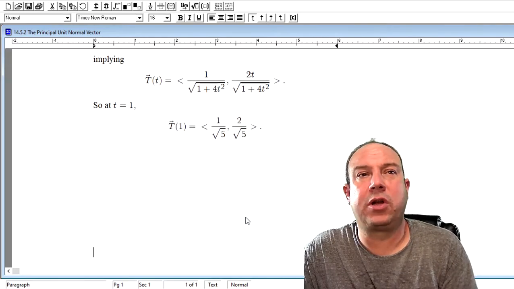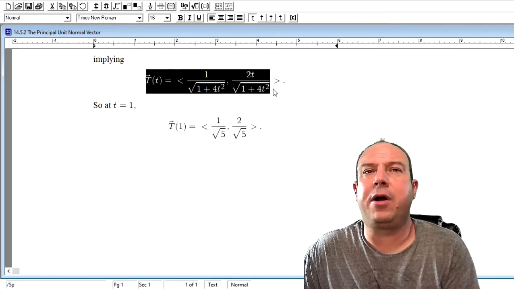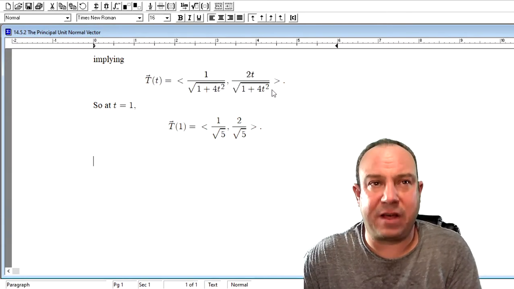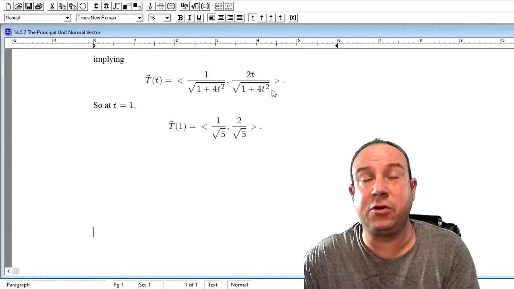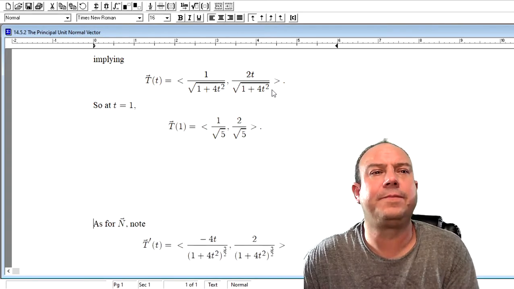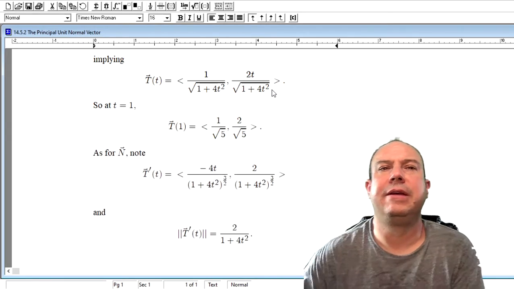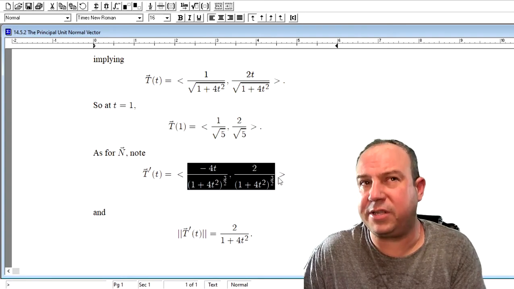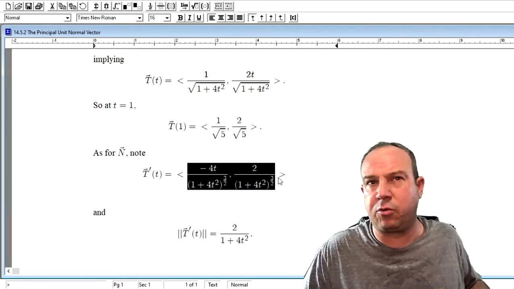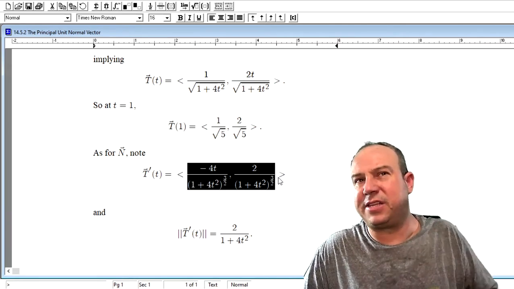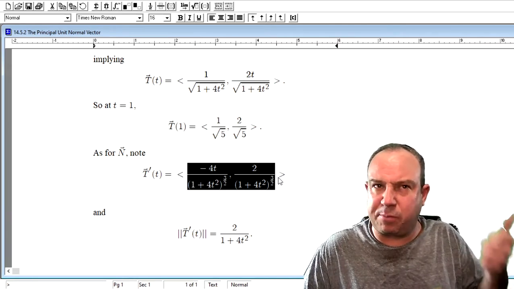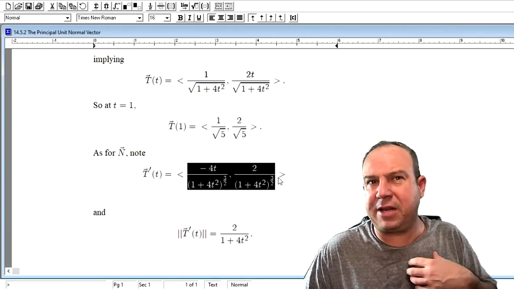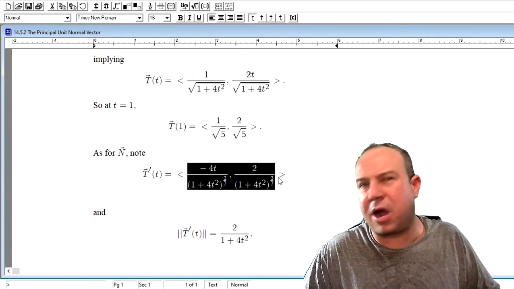Now, we're going to need t bar of t to develop the calculation for n bar of t, to develop the principal unit normal vector. We are going to need t bar's first derivative, where you can come about that with some quotient rule, or write this as really a product with a reciprocal of the denominator, and be able to do a little chain rule and product rule.